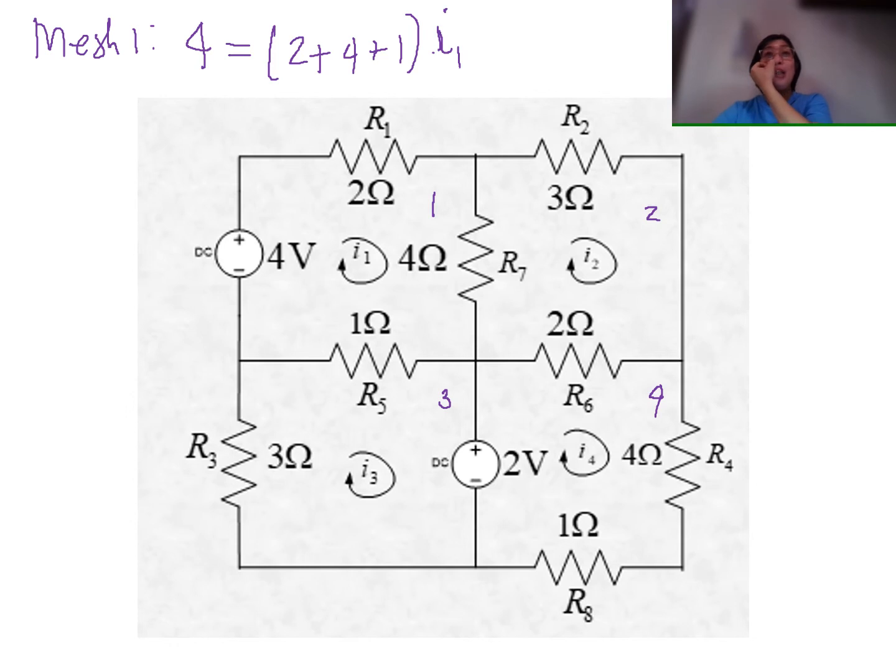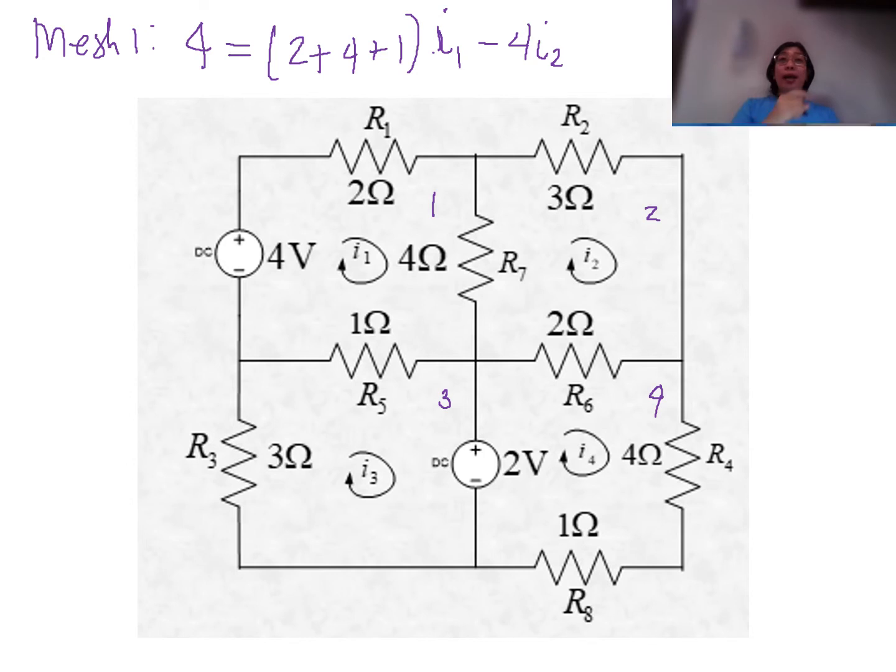All self-resistances will be treated as positive. However, there are also mutual resistances. For example, R7, because R7 is not only connected to I1 but also to I2. Therefore, we will treat that as negative, so minus 4 I2.